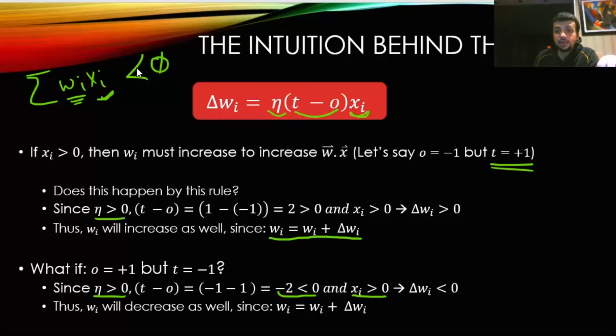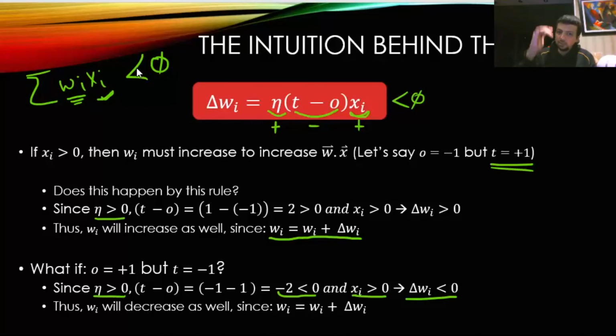So x of i is positive, t minus o is negative, and learning rate, as always, is positive. So this whole multiplication would be smaller than 0. So delta Wi is smaller than 0. Now this exactly follows our intuition, doesn't it? You want to decrease Wixi to make o as close as possible to -1.